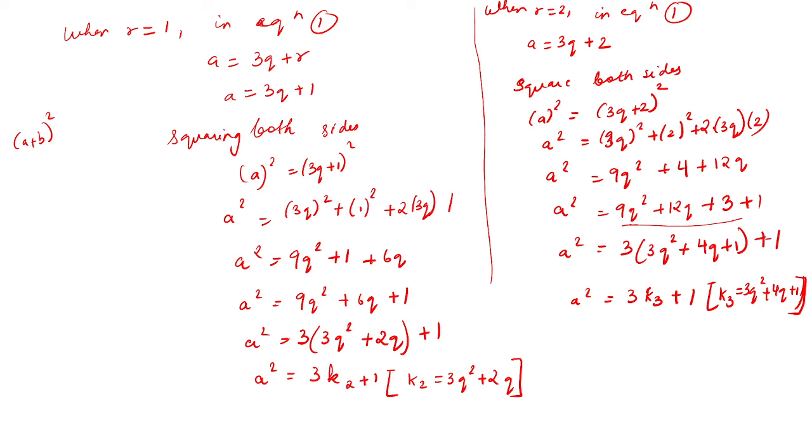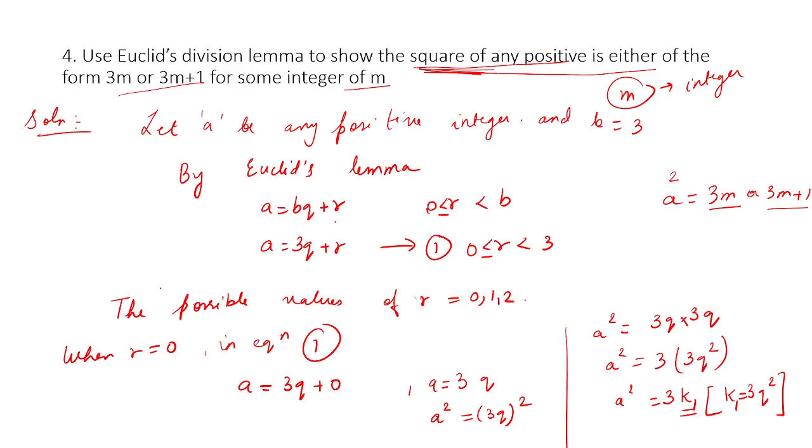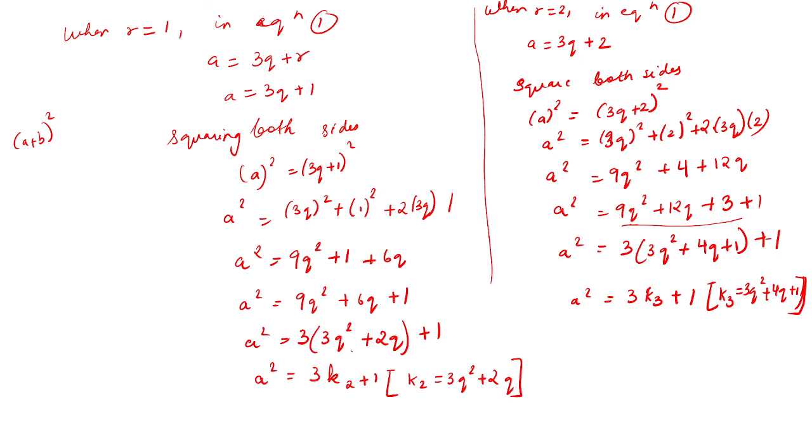What is k2? First, let's focus, k2 is 3q square plus 2q, right? And you must understand, by division algorithm, q is always going to be an integer. Alright, all this you see, a, b, q and r, everything that you see for Euclid's division lemma, these are all going to be integers, okay. So even in the case of this, q is also going to be any integer. So when you substitute q, you can take it as 0, 1, 2, 3, 4, minus 1, minus 2, you substitute, your k2 will be another integer.